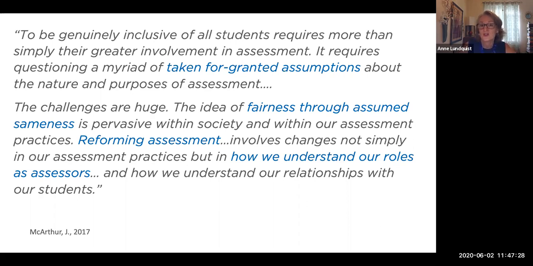It's an embedded structure. So this idea of fairness through assumed sameness is pervasive in our society. We're seeing evidence of that right now, and within our assessment practices. So reforming assessment is going to involve changing not simply our assessment practices, but how we understand our role as assessors and how we understand our relationships with our students.